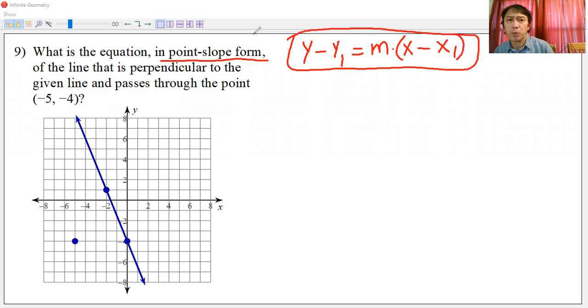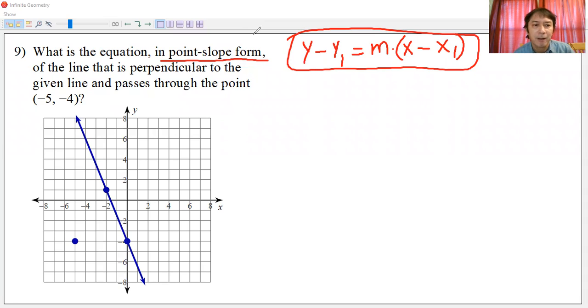What is the equation in point slope form of the line that is perpendicular to the given line and passes through the point (-5, -4)? By looking at the graph, you can see the blue line containing 2 points, which we can actually read. So we can get from those 2 points the slope.